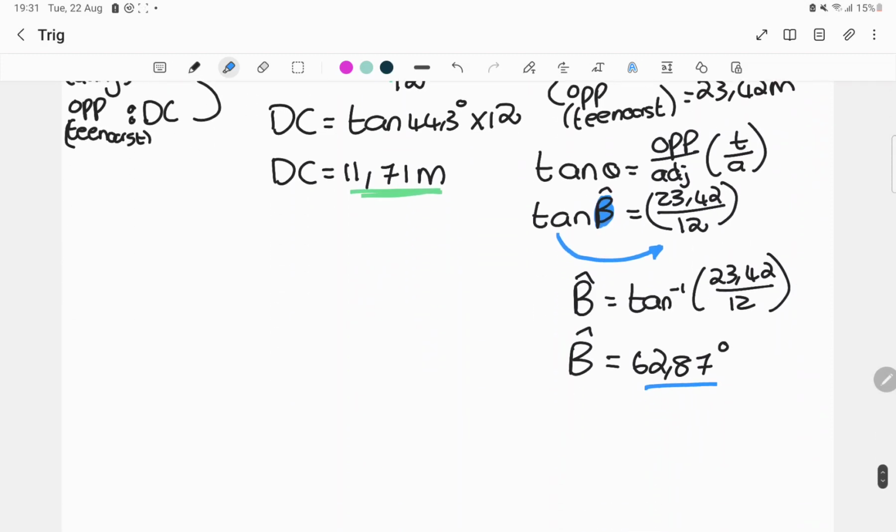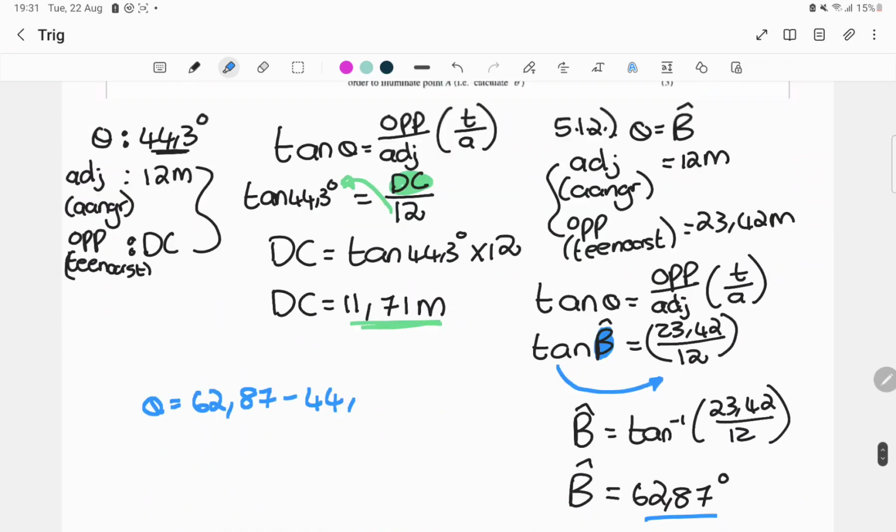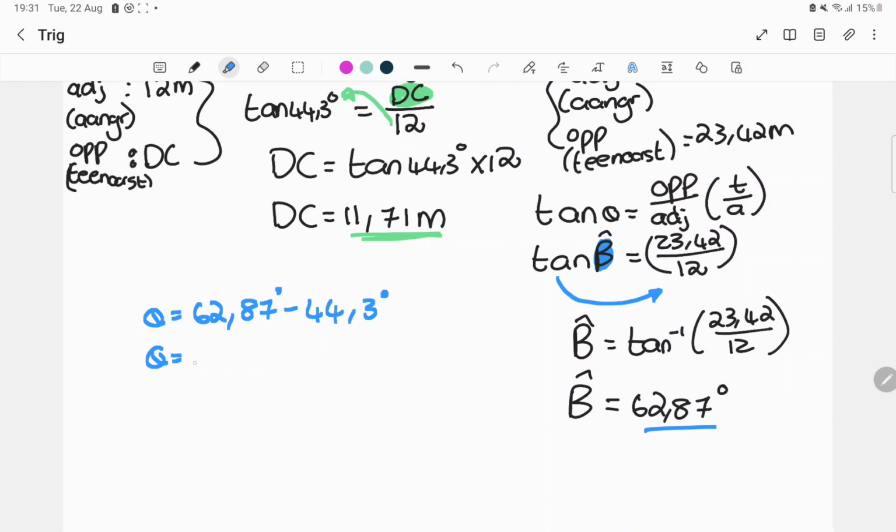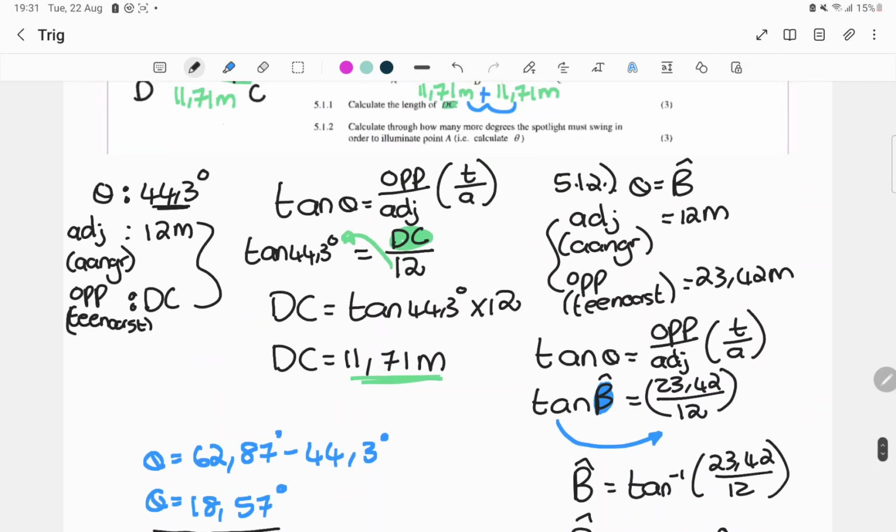So if I only want theta, I say 62,87 minus 44,3 degrees, which tells me that theta is 18,57 degrees. This is the answer for question 5.1.2.